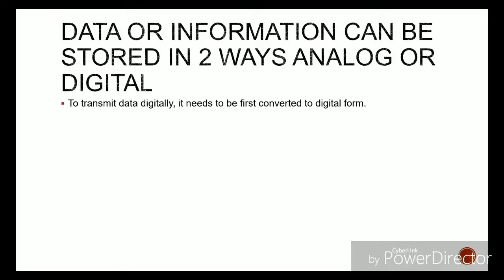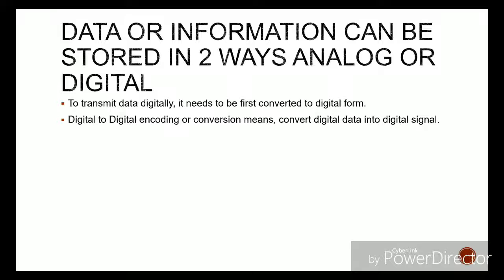In order to transmit data digitally, it needs to be converted into digital form. Whatever we are using to communicate, say English, in order to transmit that, we need to convert it into digital form in the form of ones and zeros.